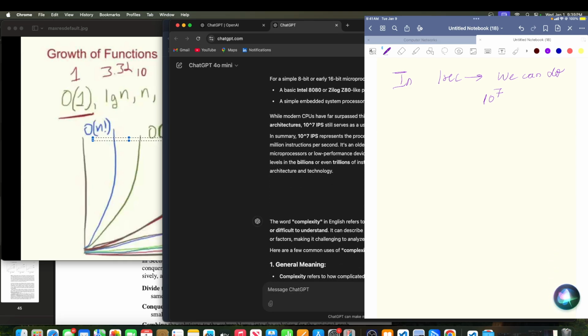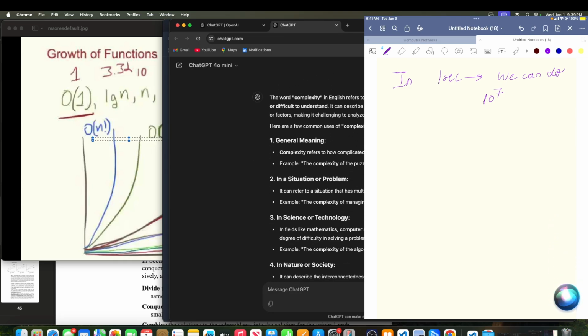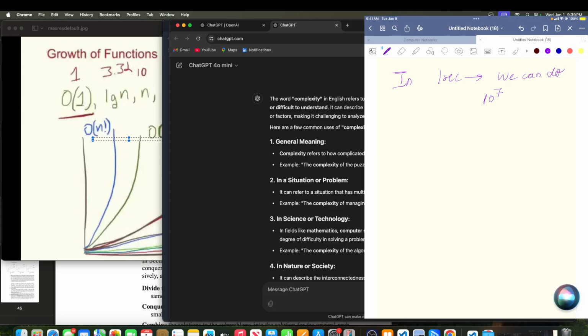Generally, we don't consider space complexity to be an issue. So time complexity is how difficult the algorithm is when we measure it in terms of time.